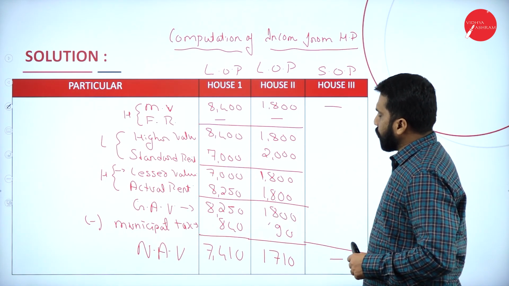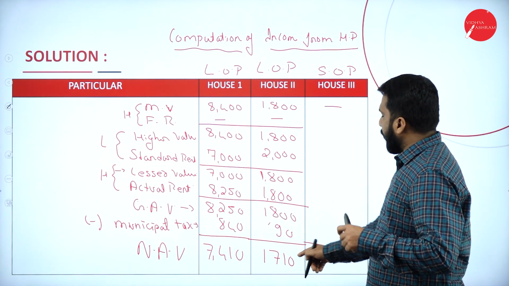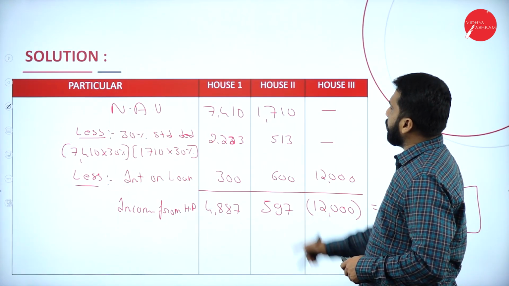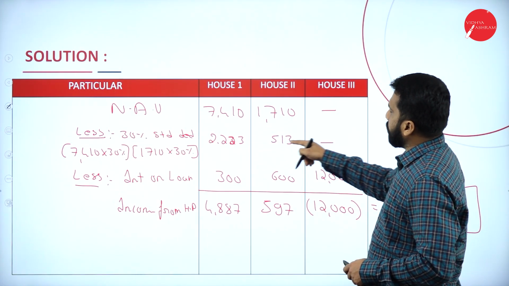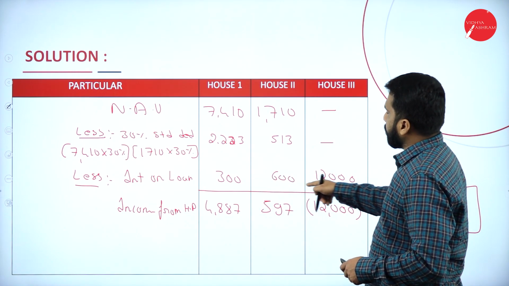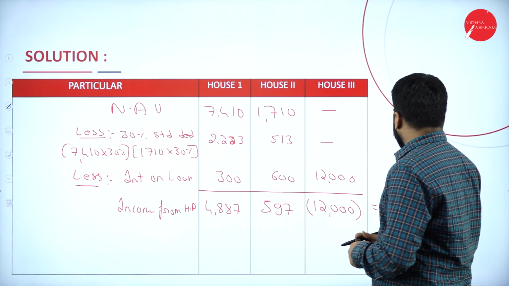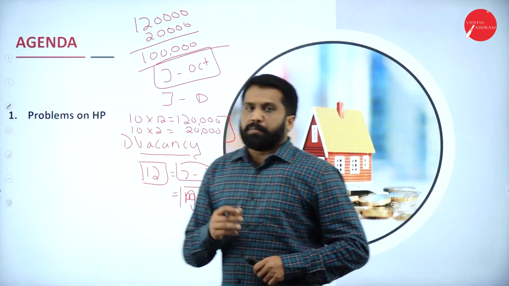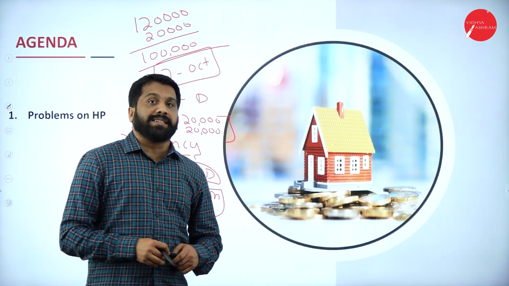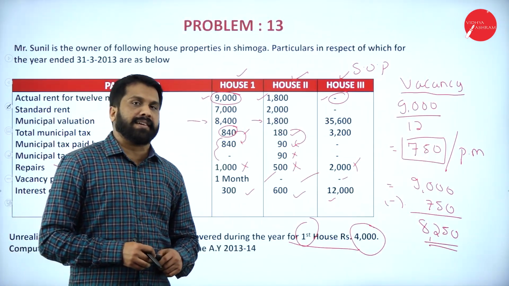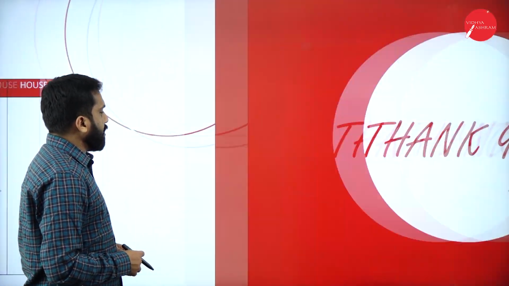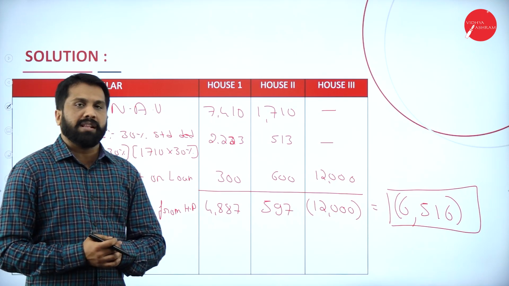After that, you got 7,410 and 1,710. Similarly, if you do minus 30%, yes, and interest on loan also, right? Then final answer you got 6,516. Before that, we have not considered the unrealized rent. So we'll consider the unrealized rent and then we will finalize.